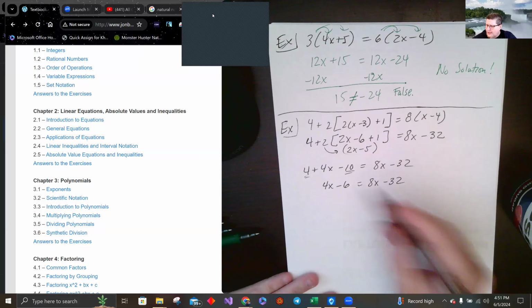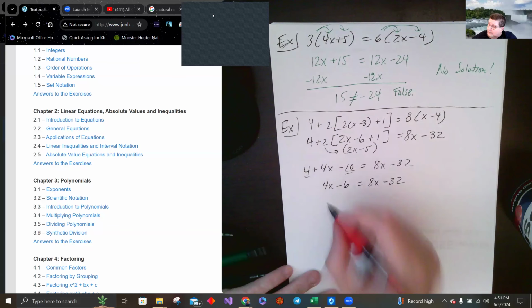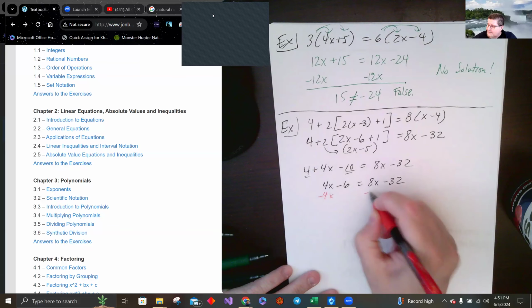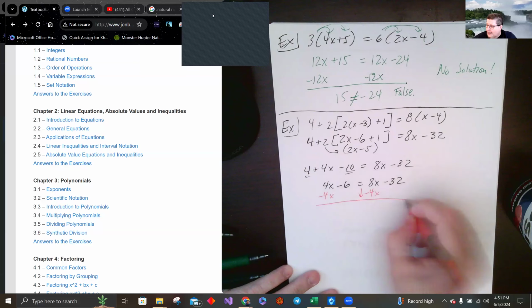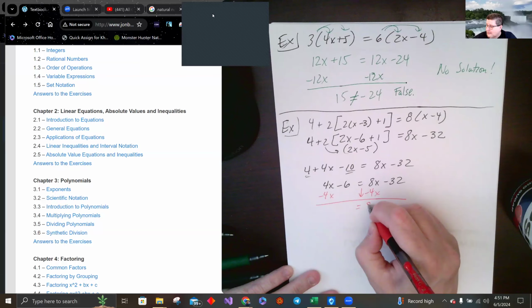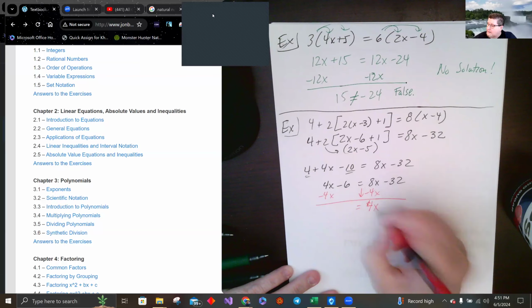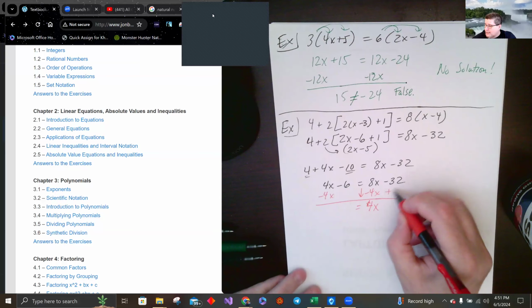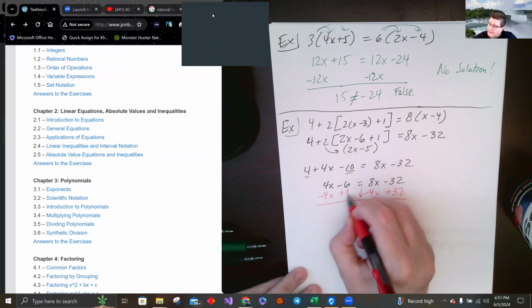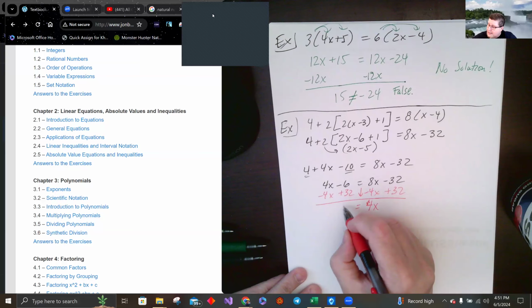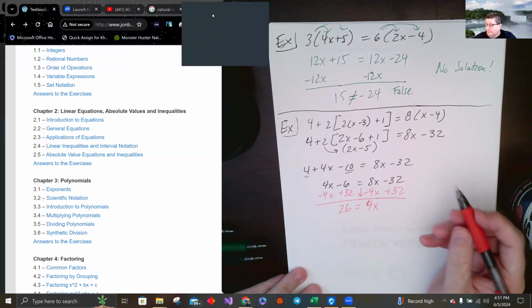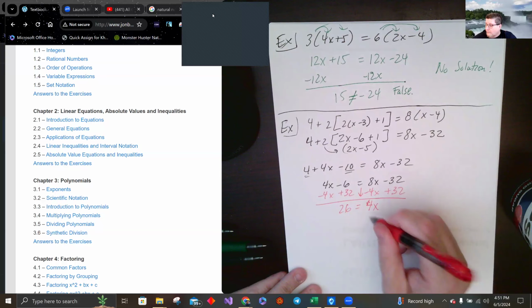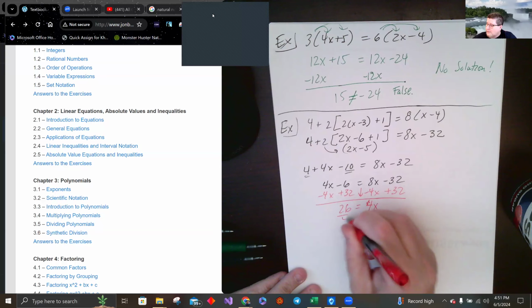I'm going to solve this so that my coefficients are positive by moving the 4x, not the 8x. And since I'm moving my variables to the right, I'm going to move my constants to the left by adding. 32 minus 6 is 26. Divide by 4.